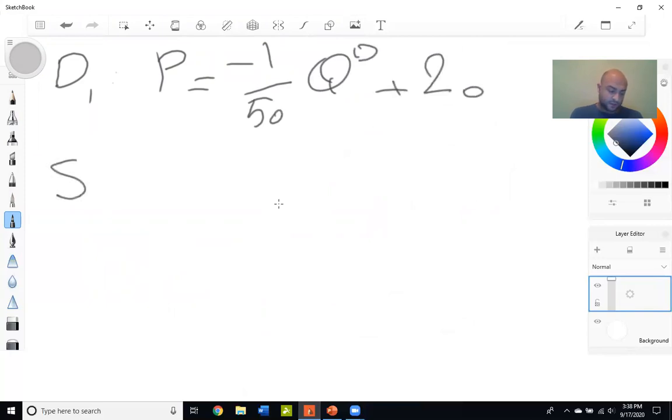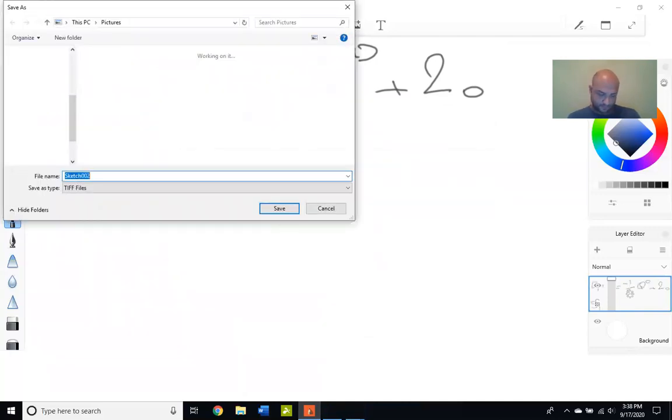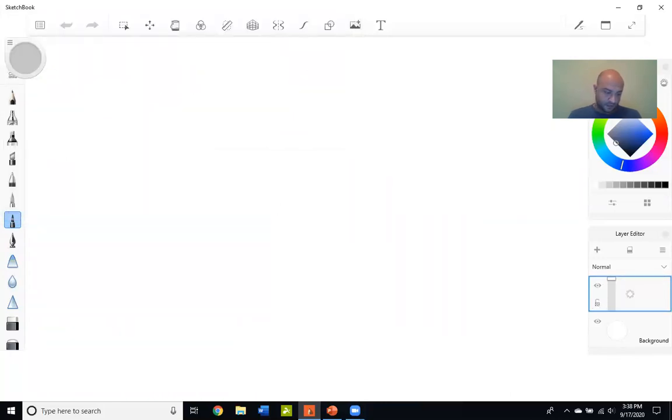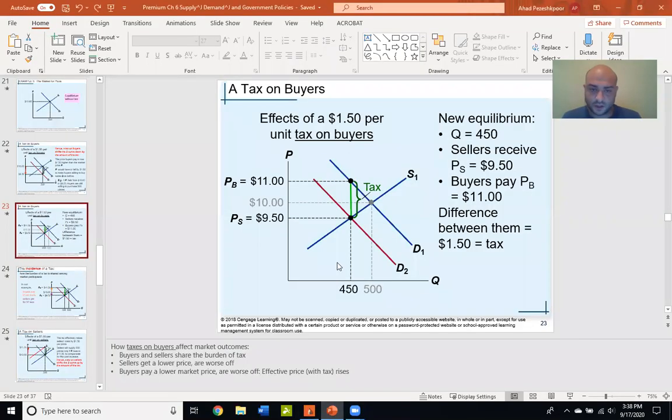Now we need to find the supply curve. In order to find the supply curve, same method: you have to find 2 points on the supply curve.